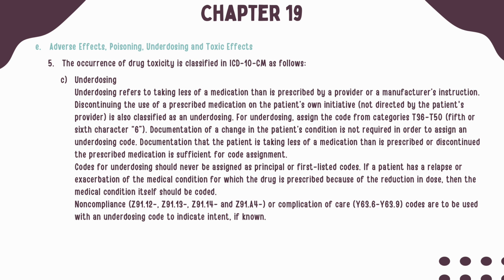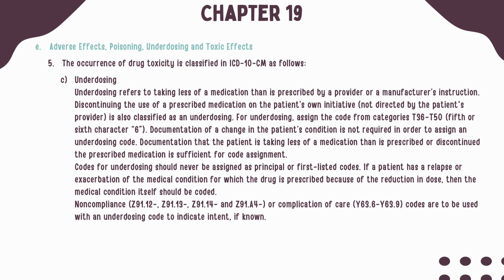When the term underdosing is used, it simply means that the medication is prescribed correctly, but the patient takes less than what is prescribed. When the patient discontinues the medication when not instructed by the provider, this will also classify as an underdosing. Documentation of either situation is sufficient to code for an underdosing.